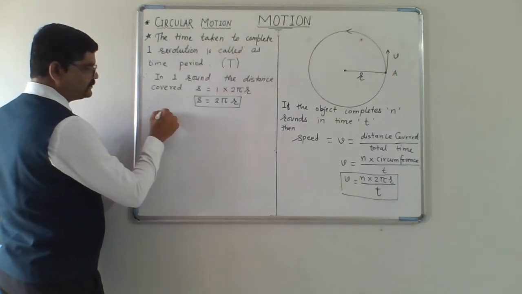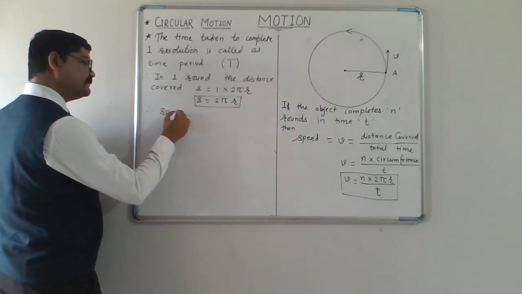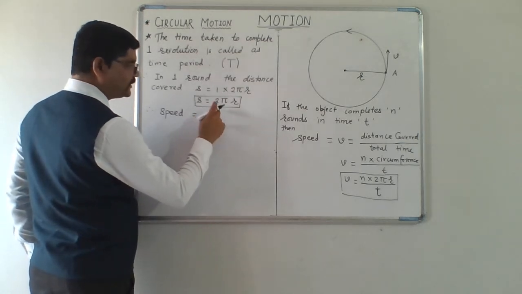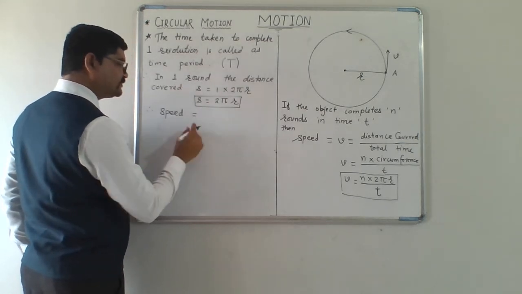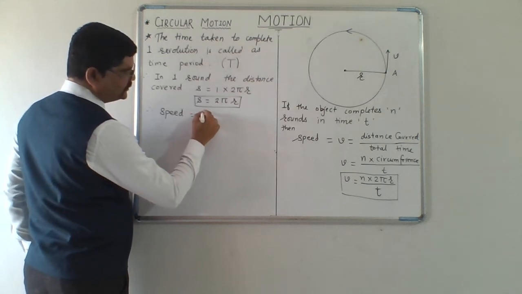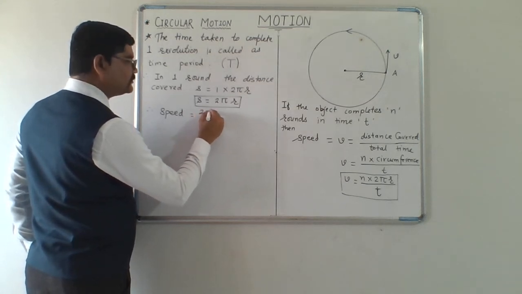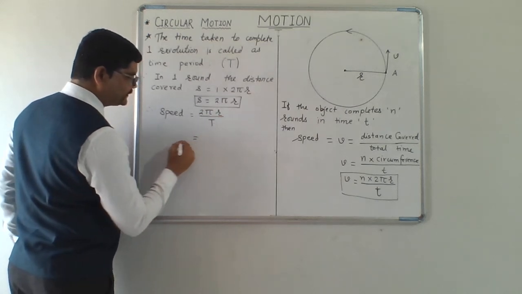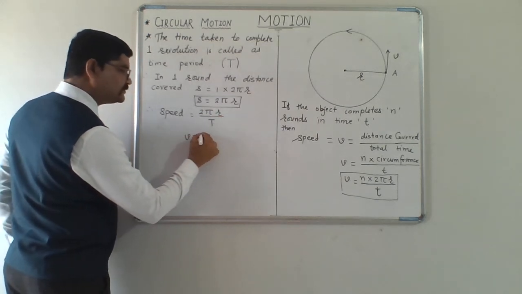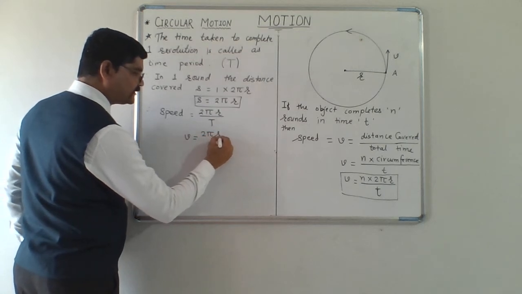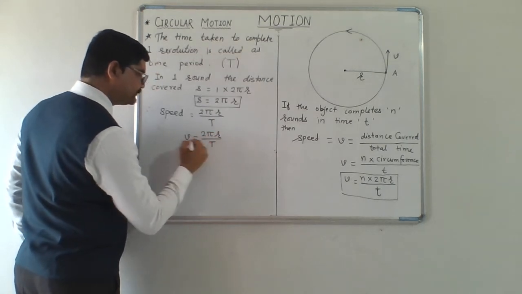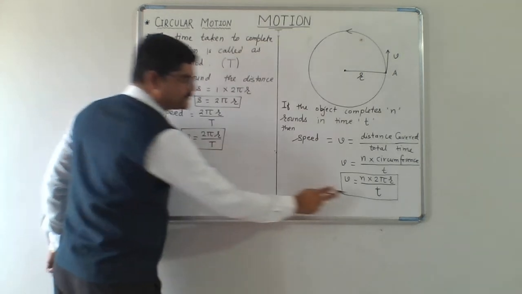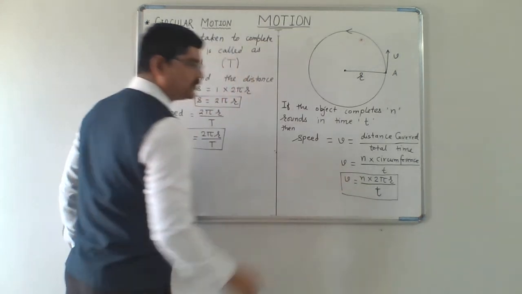and thus speed is given by distance upon time. For one revolution, we can take it as speed is equal to 2 pi r upon T. That is, V is equal to 2 pi r by T. Note down the difference between this capital T and small t.